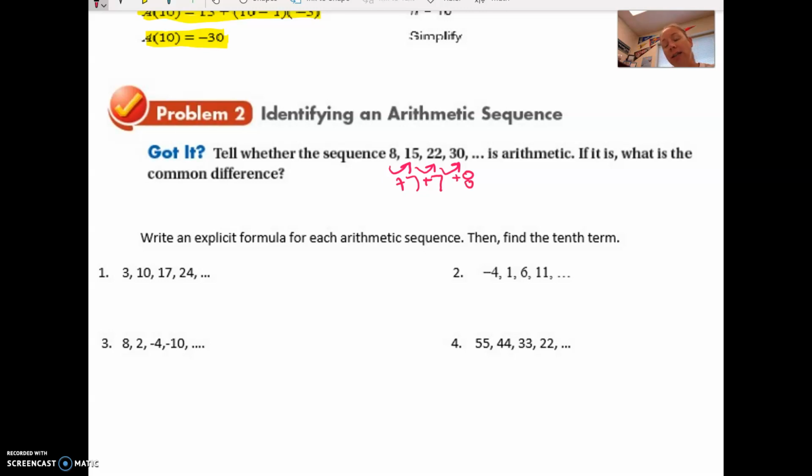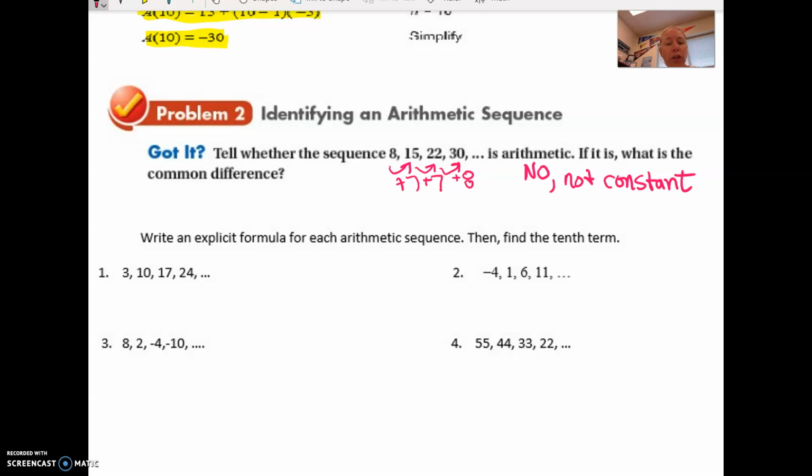Well, that is not an arithmetic sequence because it has to go up by a constant rate, a constant pattern. So my answer here, is this arithmetic? No, because there is not a constant difference.